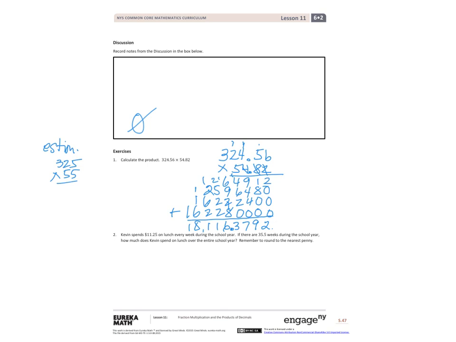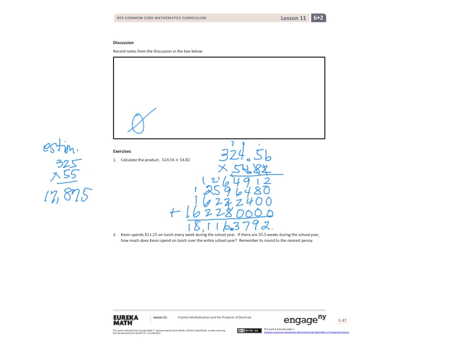Okay, that could be right, and it could be off. 32456 5482. I'm going to check my estimate just to see how close I am. So with my estimate, I had 325 times 55. So my estimate is 17,875. So it looks like I'm a bit over.